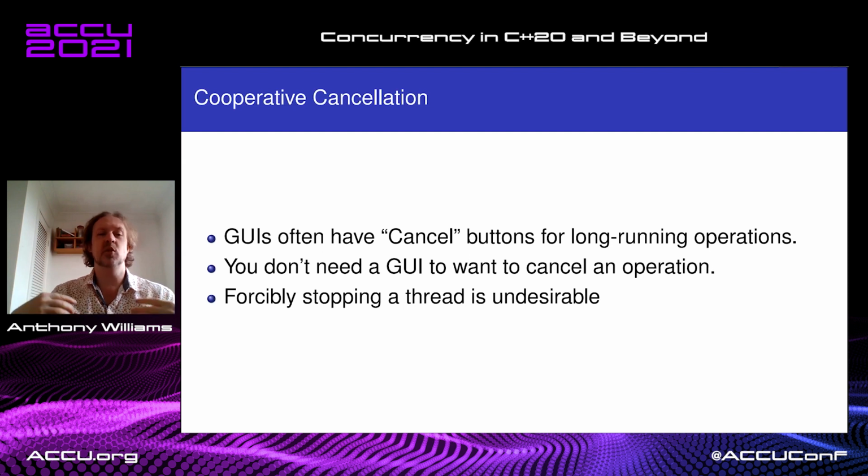And then as soon as one of them completes, you say, okay, we're done. Or you might be doing a parallel find, so you have different threads: the first thread is going to search this chunk of data, the second thread is going to search this chunk of data, the third thread this other chunk. As soon as one of them finds the thing that you're looking for, then you want to cancel the others. So you don't need a GUI, but obviously a GUI is a very concrete case.